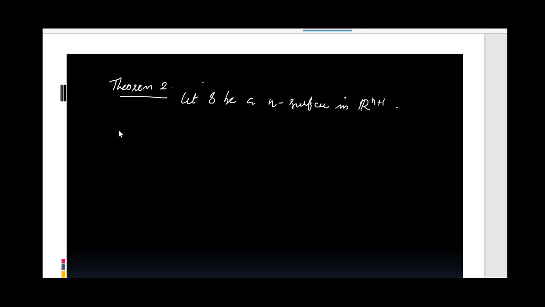Let P, Q belong to S, and let alpha be a parameterized curve in S from P to Q.